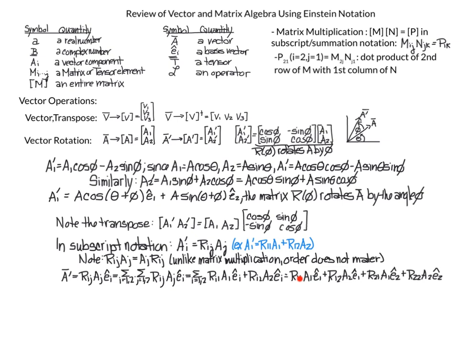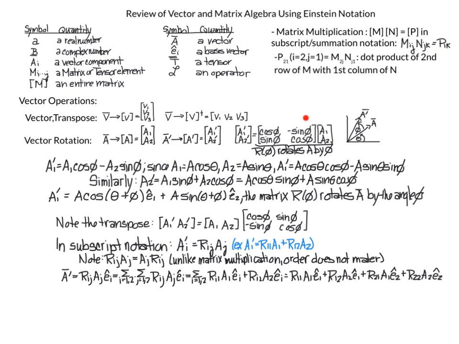Our A1 prime, so if I look at our A1, this is the terms for A2 because the e2, our first basis element, so this is the term for A1. So our A1 prime will be equal to R11, that's cosine theta times A1, that's here, plus our R12 times A2.